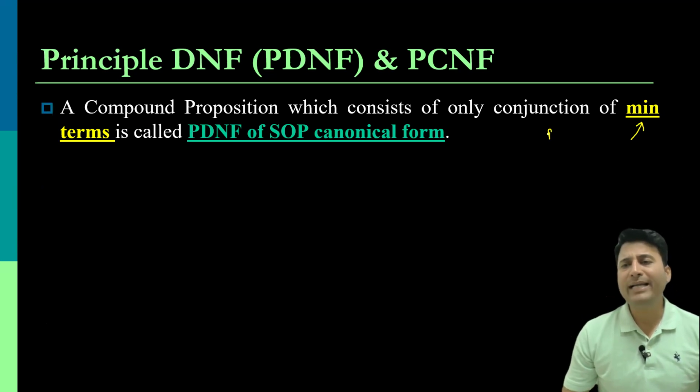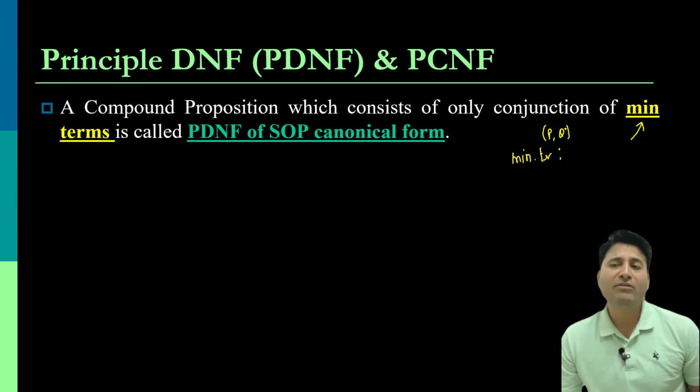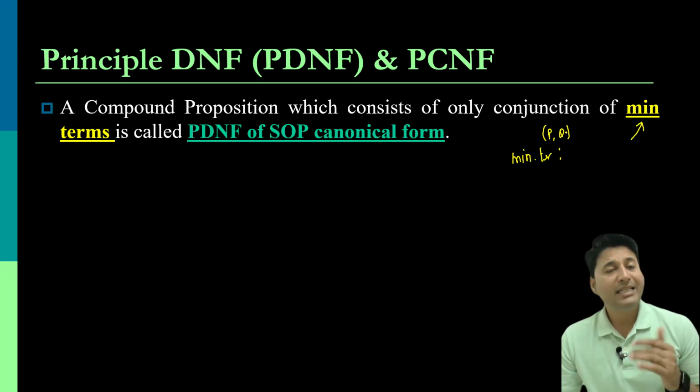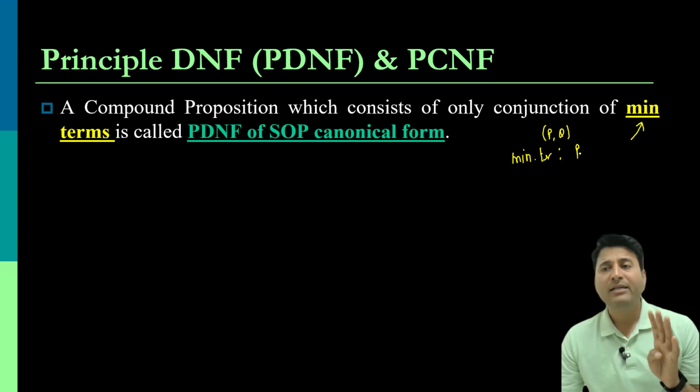So if we have two variables, let us say P and Q, then the min terms for P and Q are listed as all the combinations of the variable, either variable or their complement. So what are the four cases for two variables? Either they may be in the product without complement, first complement and second as it is, first as it is and second complement, or both of them complement.